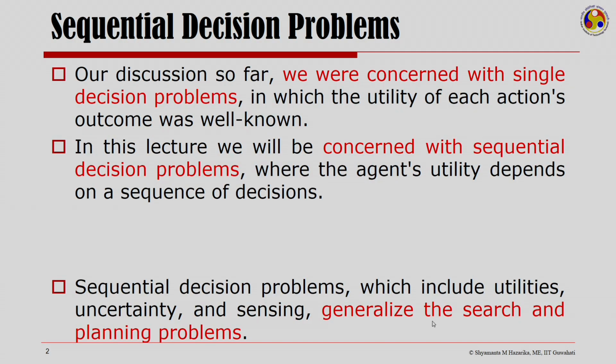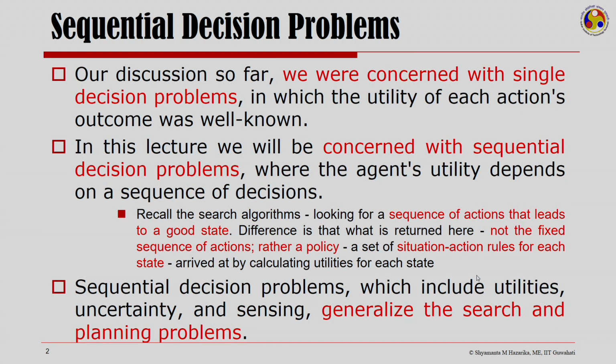Sequential decision problems are concerned with making decisions when a sequence is involved. Now, if you think of the search algorithms that we have discussed previously, we were looking for a sequence of actions that could lead to a good state for us. However, here there is a basic difference.